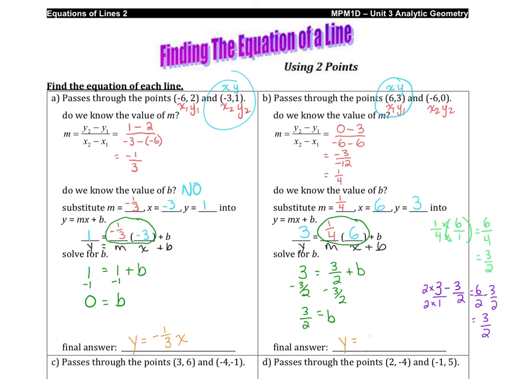Substitute in the slope, which is 1/4 x plus the y-intercept, which is 3 over 2. So the top you've already done. We've already figured out how to use the slope formula. The bottom is what we did on the previous page.